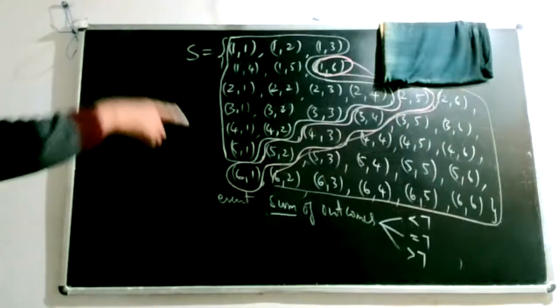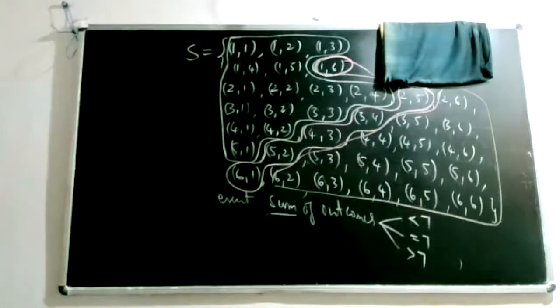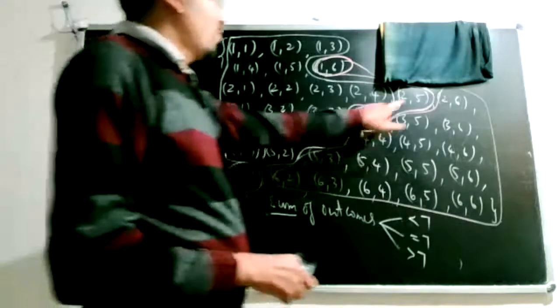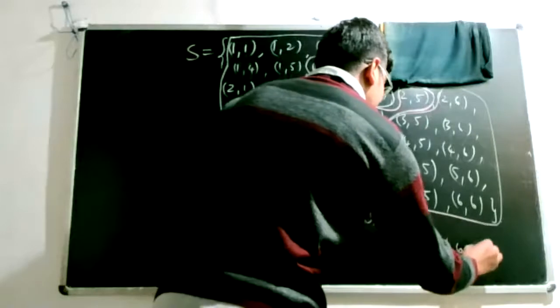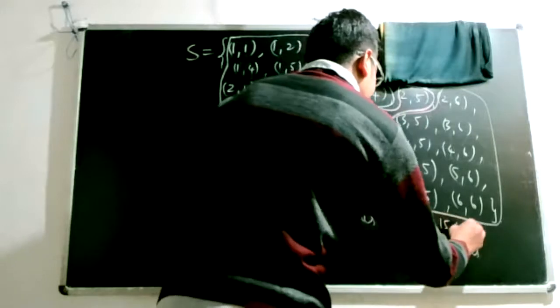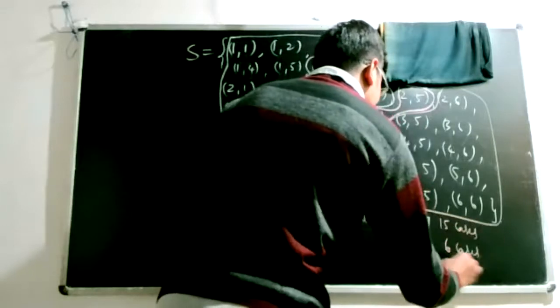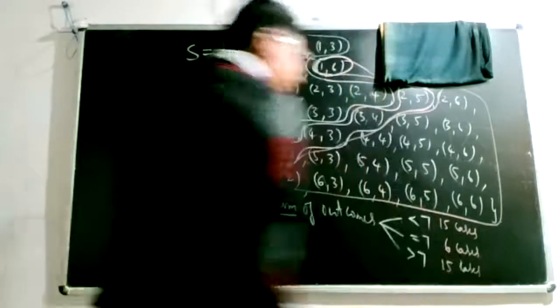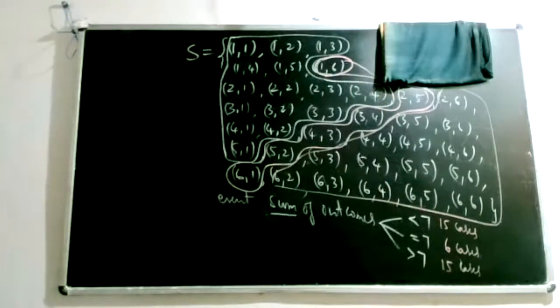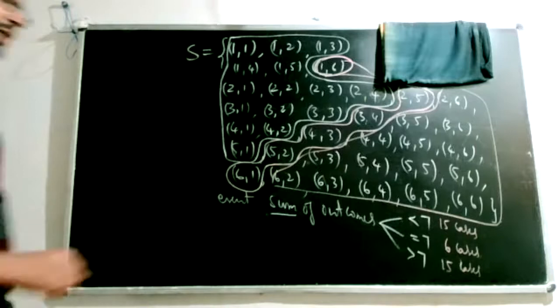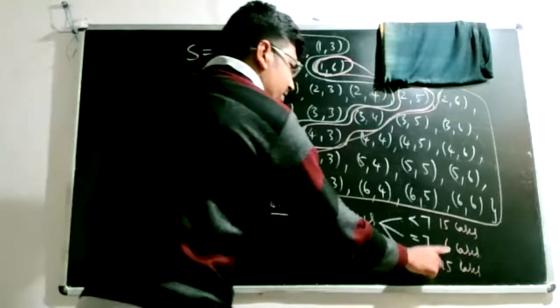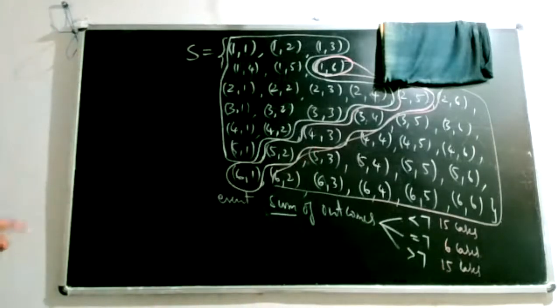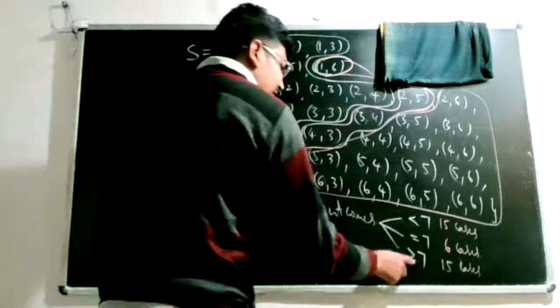Now you see in which case the chance is very high. You have 6 cases only for equal to 7, and then you have 15 cases for less than 7 and 15 cases for more than 7. So if you bet on equal to 7, you are likely to lose because it is very rare, only 6 cases, but you can win if you bet on less than or greater than.